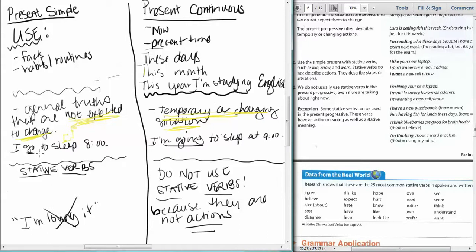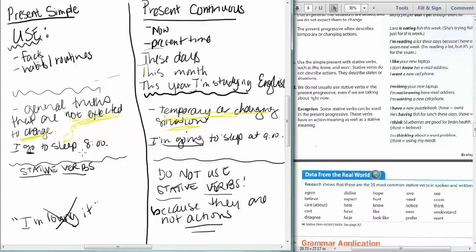I go to sleep at 8 o'clock. That's a general truth. I don't expect it to change. I'm going to sleep at 9 o'clock is just temporary. One is a fact, a habit, a routine that is not expected to change, and one is a temporary or changing situation.